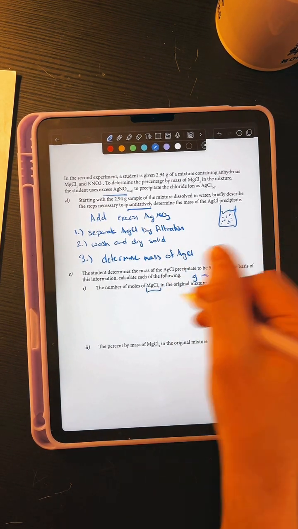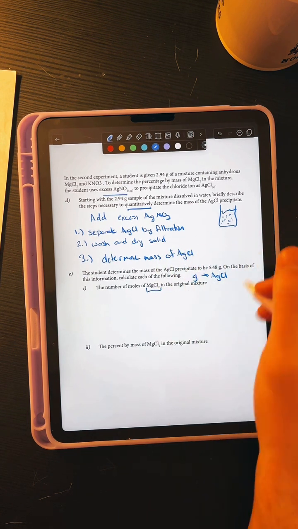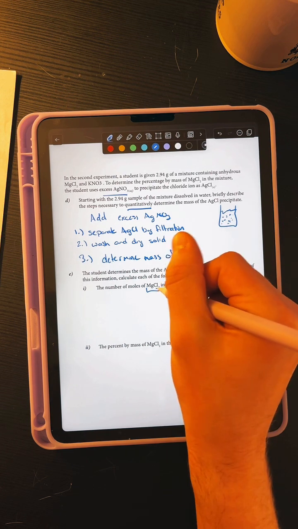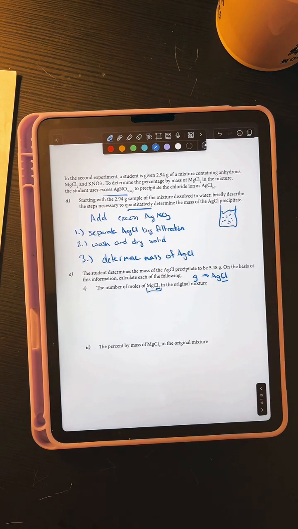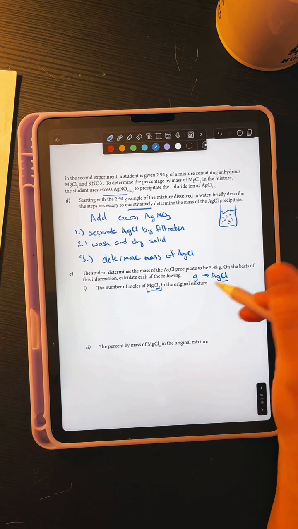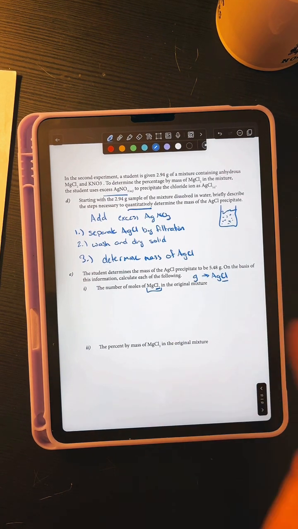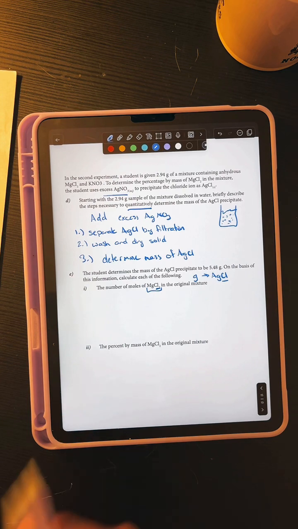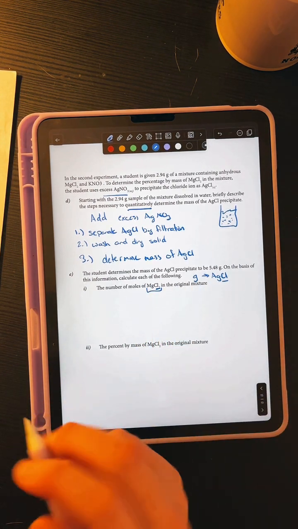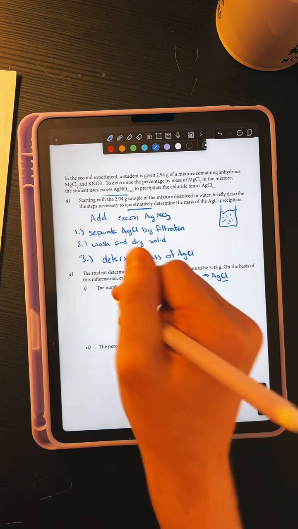The thing that's useful between these two is the amount of chlorine, right? We have a common ion in there. So we are going to solve for something with chlorine and then use that. But what do we have to do? Well, we have to solve for moles first. When in doubt, just solve for moles.